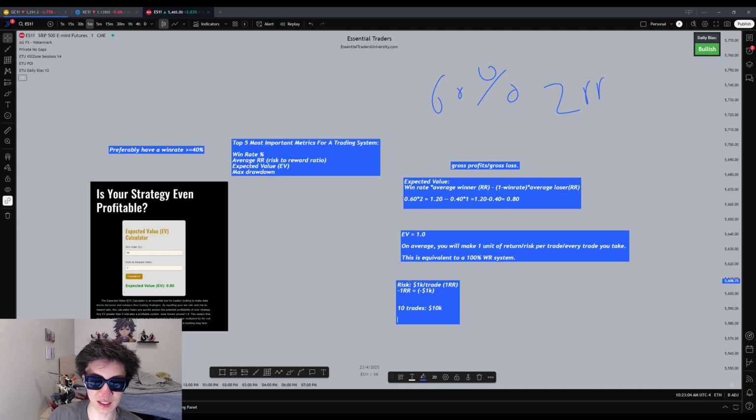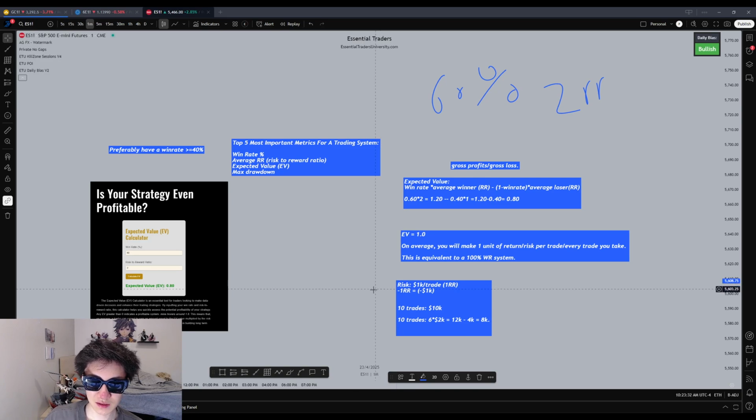Now, if you do the same 10 trades with the 60% at 2R system, which is a 0.80 expectancy, what would happen? You would have 6 times 2R, which is 2K, which is 12K, and then you lose 4 trades, 40% of 10. So you subtract 4K, and you end up with 8K.